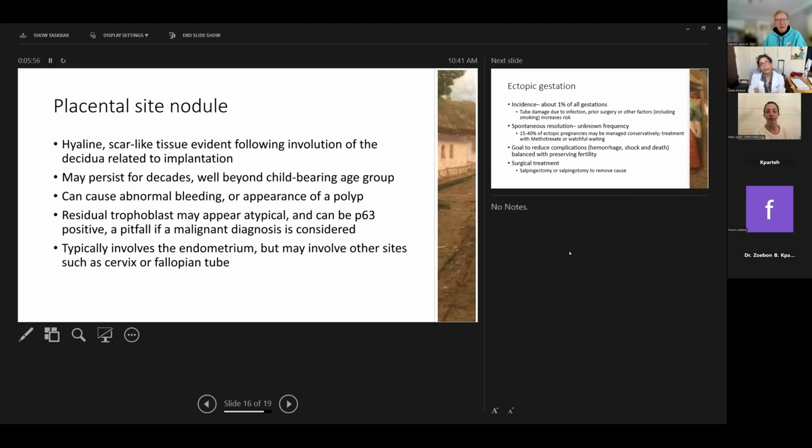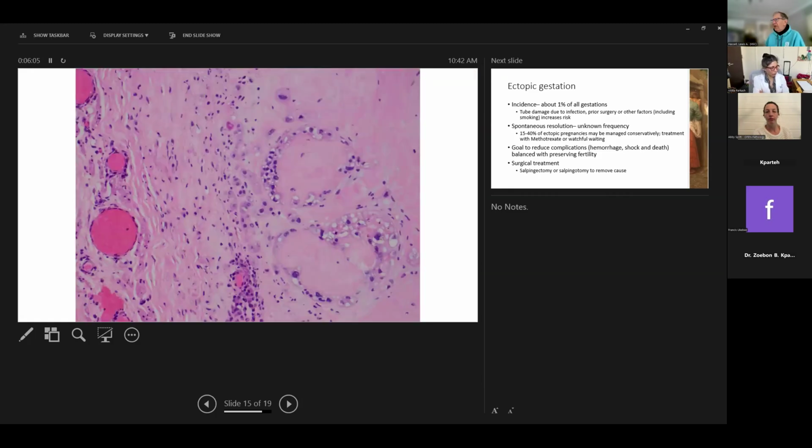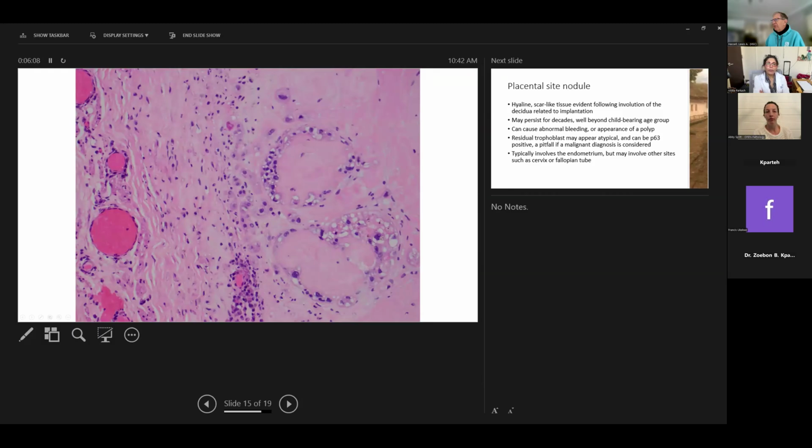Usually it comes to presentation because they develop some bleeding or they have a polyp or something of that sort. One little pitfall is that these trophoblastic or decidual cells, these clear cells, can occasionally show a few squamous markers like P63, maybe some cytokeratin and so forth.